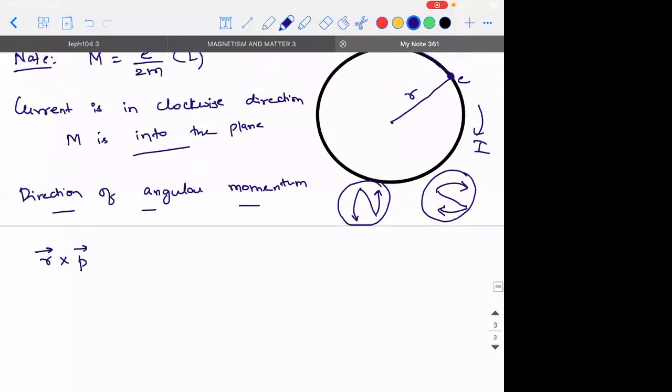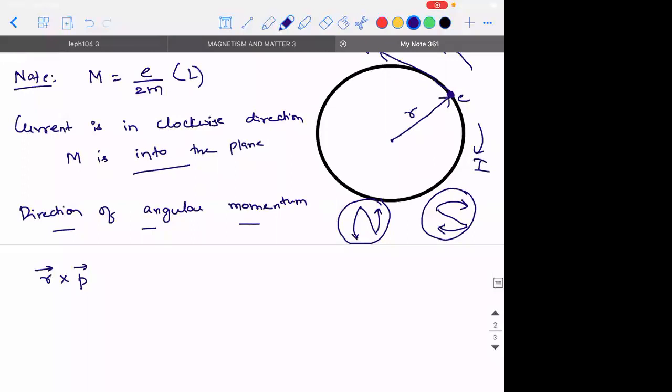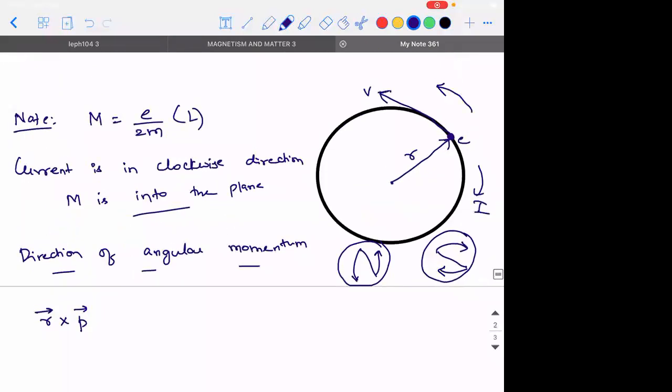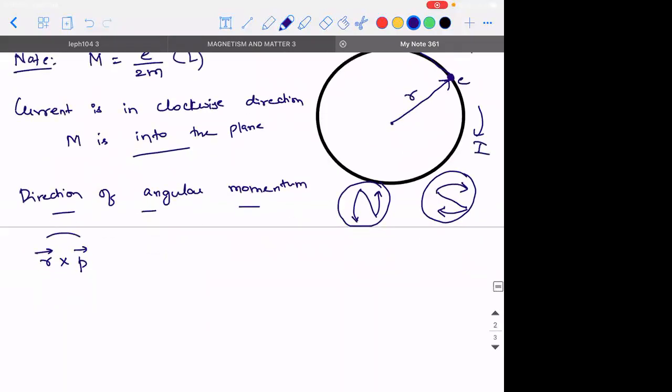Okay, so r is in this direction, momentum is in this direction. So r vector cross p vector, or it can be written as r vector cross m into v vector. So tell me what is going to be the direction, guys.